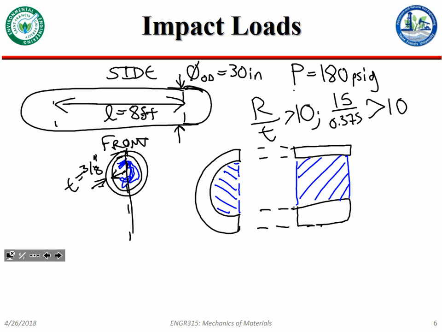This is like a sectioned front view. This is like a sectioned side view. Let's call this T, and let's call this some dx. This has some pressure P. All right, so how do we analyze this?